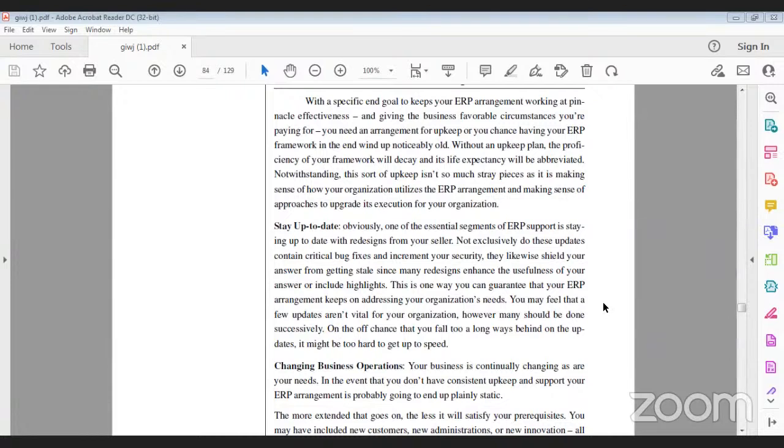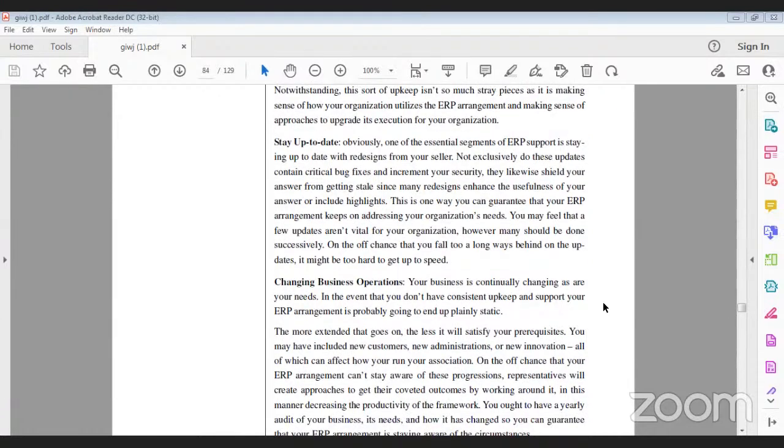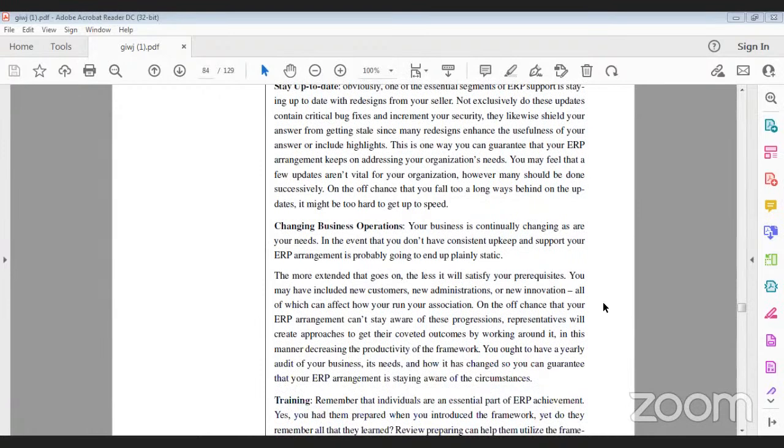The next point is changing business operations. Your business is continuously changing according to your needs, and if you do not have consistent upkeep and support, your ERP arrangement is likely to end up static. The longer that goes on, the less it will satisfy your requirements.